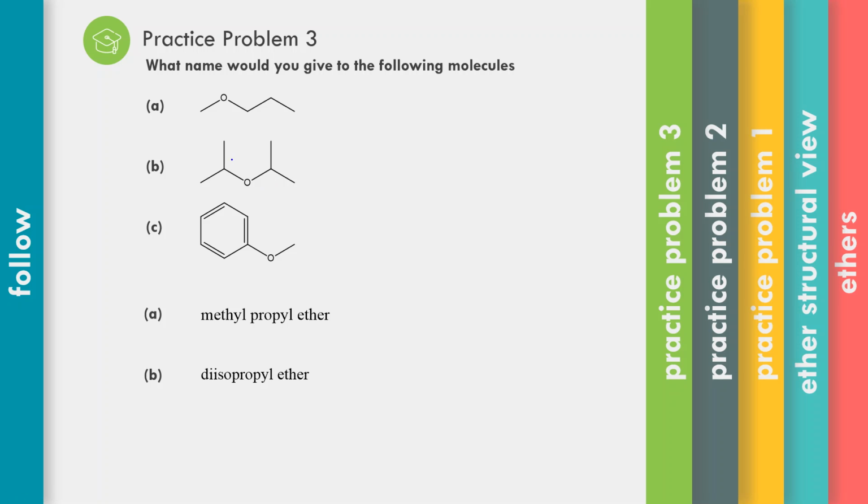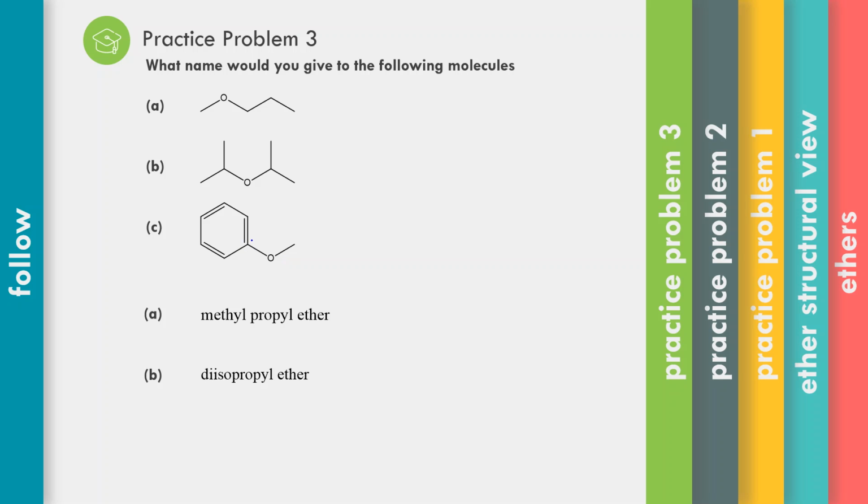The reason being, notice that first of all you've got oxygen in the center. Oxygen goes between two carbons. On the left side you get isopropyl. On the right side you also get isopropyl. We don't name it isopropyl isopropyl ether just because the two isopropyls are the same, so that's why we refer to it as diisopropyl ether, which means just two isopropyl groups.